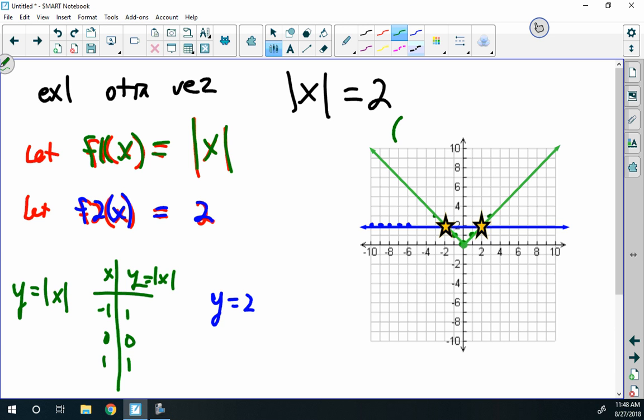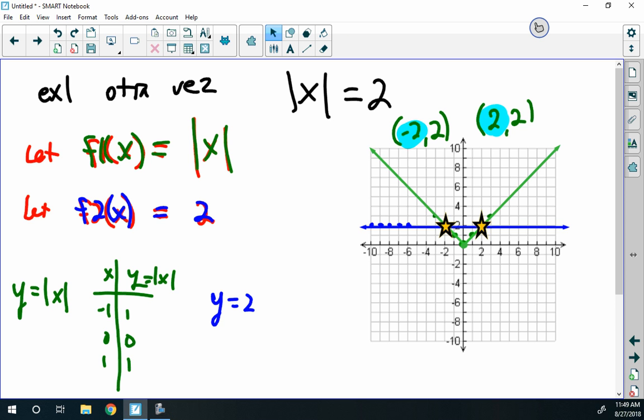Now, the one happens to be the point negative 2, comma 2, and the other happens to be the point 2, comma 2. What you're responsible to be aware of is that anytime you solve an equation by using functions, the x-coordinate where those things meet, those are your answers. And we saw earlier that the answers were 2 and negative 2. And they are.